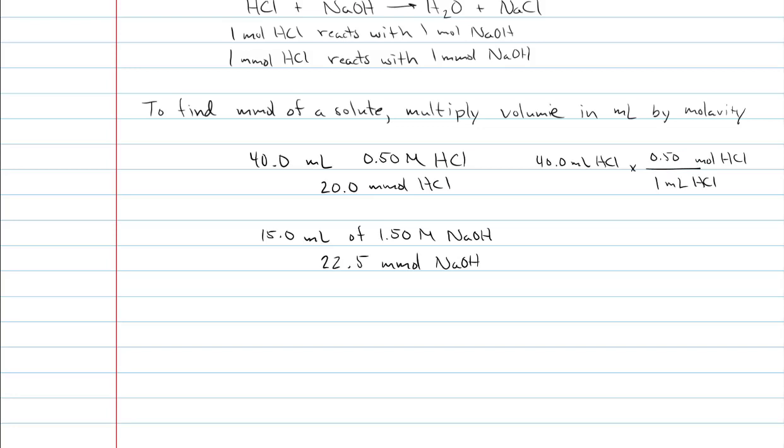Remember, this is just the molarity, 0.50 moles of HCl over 1 liter. All I chose to do was put 1,000th over 1,000th in it. So nothing has been changed. So you see, it's just a multiplication problem. And that's exactly where we ended up getting the answer here.